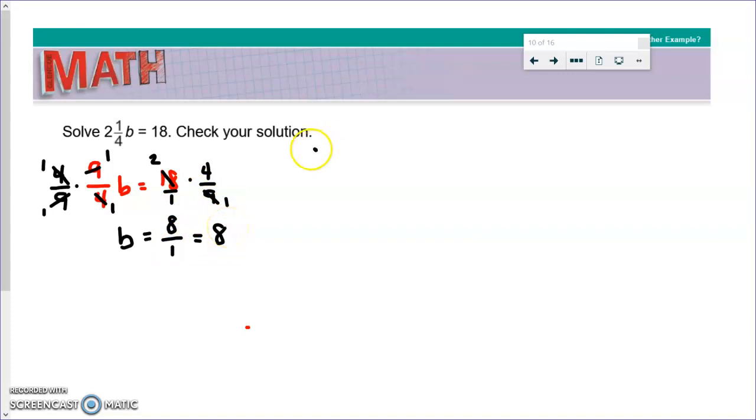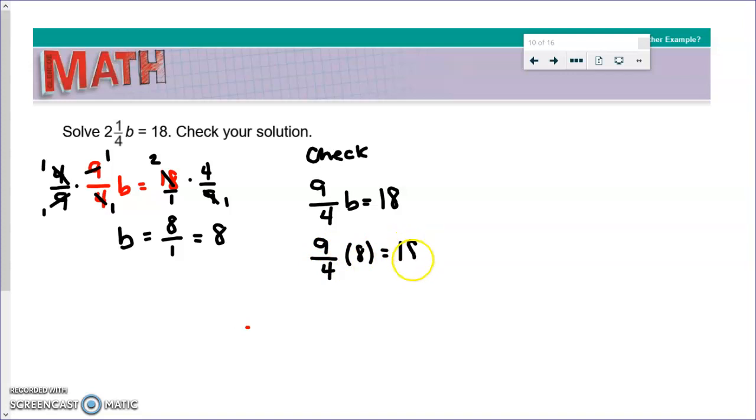And again, we want to check this. So we'll plug 8 back in for B. I can make my 8 a fraction by sticking it over 1.